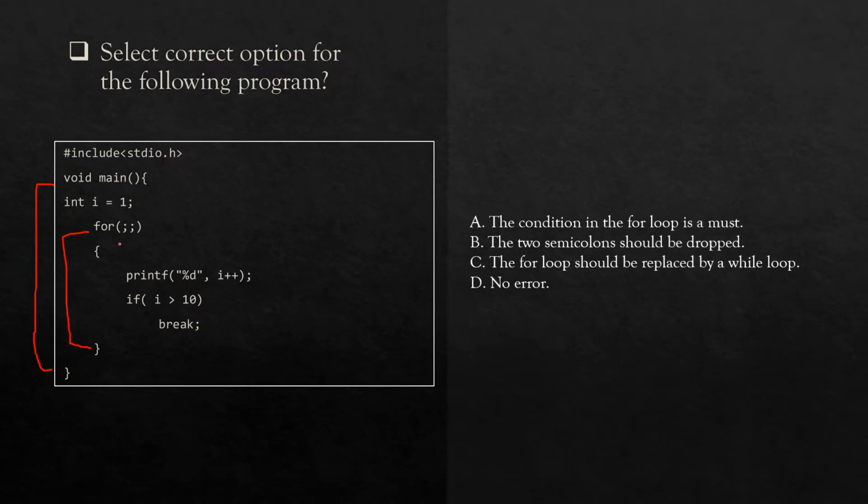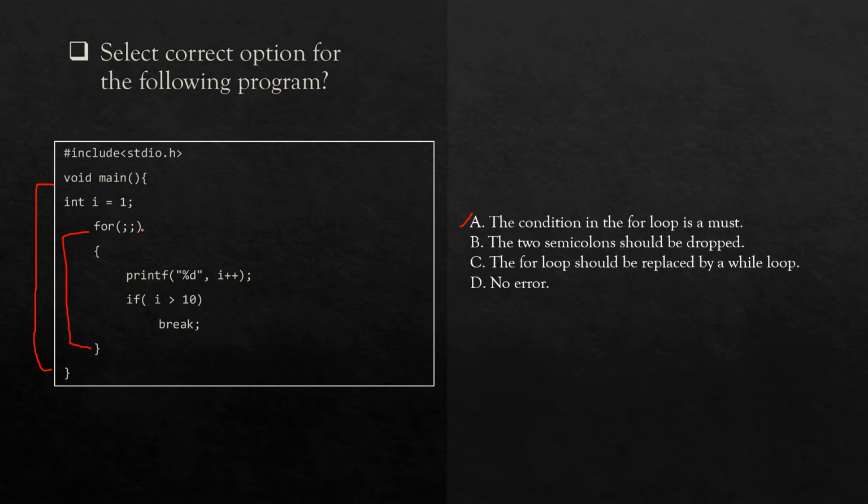But in our question we don't have any initialization, any condition, or any incremental part. Inside this body we have a printf statement and an if conditional statement, and if this condition is met, then the loop will break. So the first option says that a condition in the for loop is a must.